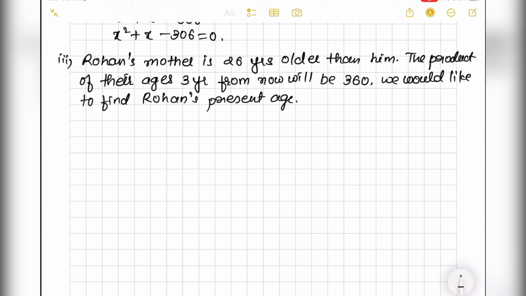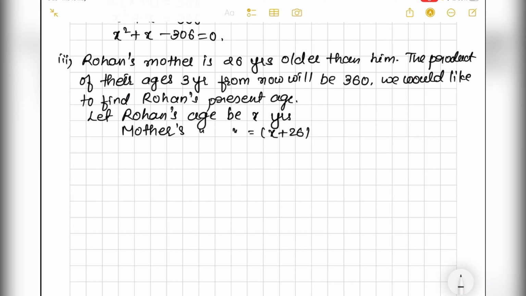So, here he is saying that both Rohan and mother's age are not given. So, mother is bigger than Rohan. So, I am supposing Rohan's age as x. Let Rohan's age be x here. And relation between Rohan and mother is 26 years older than Rohan. So, x plus 26.